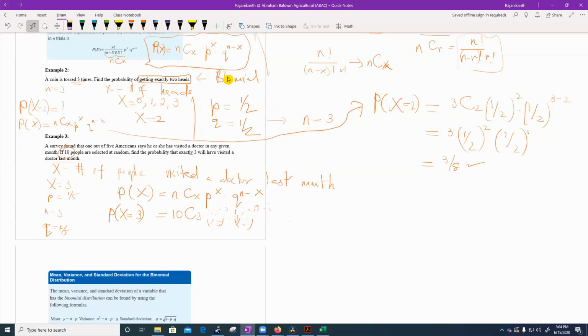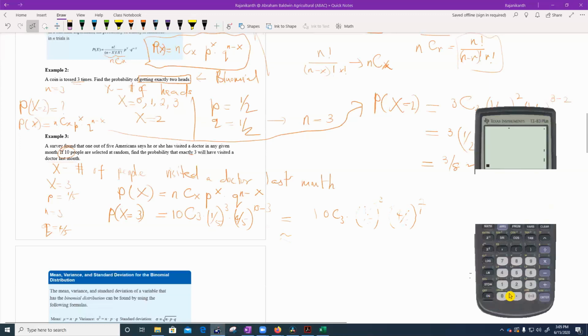Now simplify this. If you want, you could type it all in one go: 10 choose 3 times 1 over 5 to the power 3 times 4 over 5 to the power of 7, using a calculator. Let me show that.